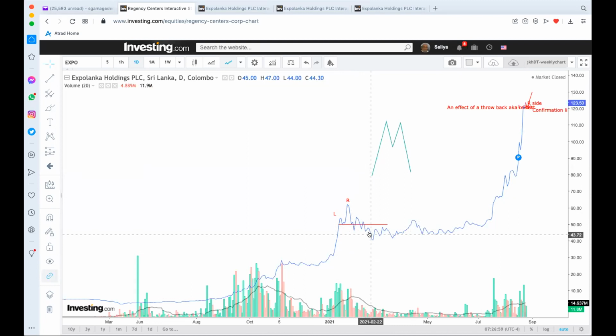Now, the next thing that we need to understand is the projection, right? Now, what we do is we draw another line by using this top and this top.